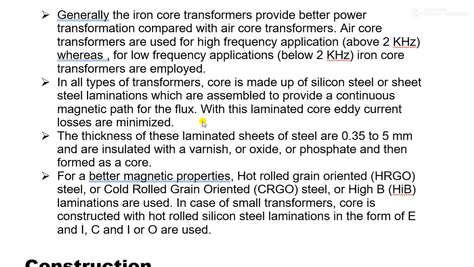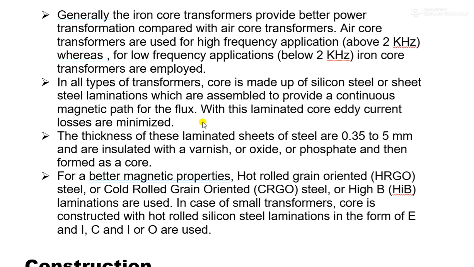The thickness of these laminated steel sheets is 0.35 to 5 mm, and they are insulated with varnish, oxide or phosphate and then formed as a core. There must be an isolation, which is generally provided by varnish. For better magnetic properties, hot rolled grain oriented steels, cold rolled grain oriented steels or high B laminations are used.